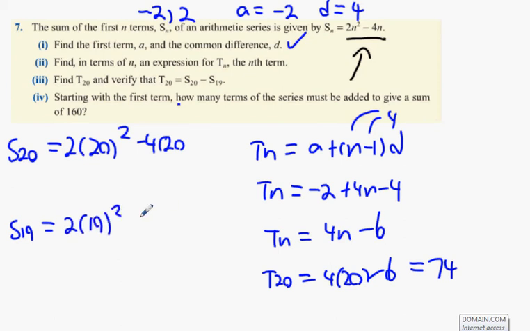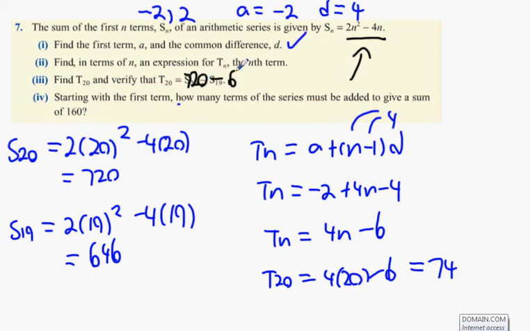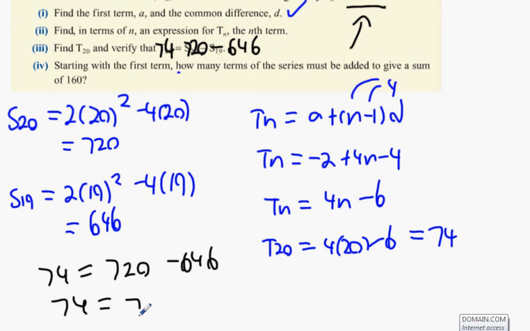Anybody have those two numbers handy? 720, and the second one, 646. So if you replace these numbers, that's 720 minus 646, and T20 is 74. Is 74 equal to 720 minus 646? The answer is yes. 74 equals 74. Hence, you have verified that they are the same. Verify is the same thing as show that. Okay?